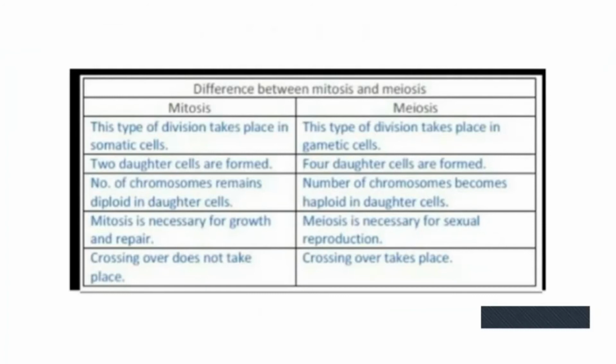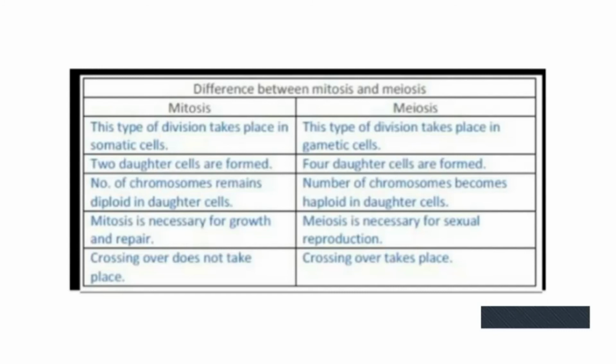In mitosis, 2 daughter cells are formed, but in meiosis, 4 daughter cells are formed. The number of chromosomes remains diploid in daughter cells in mitosis. In meiosis, the number of chromosomes becomes haploid in daughter cells.